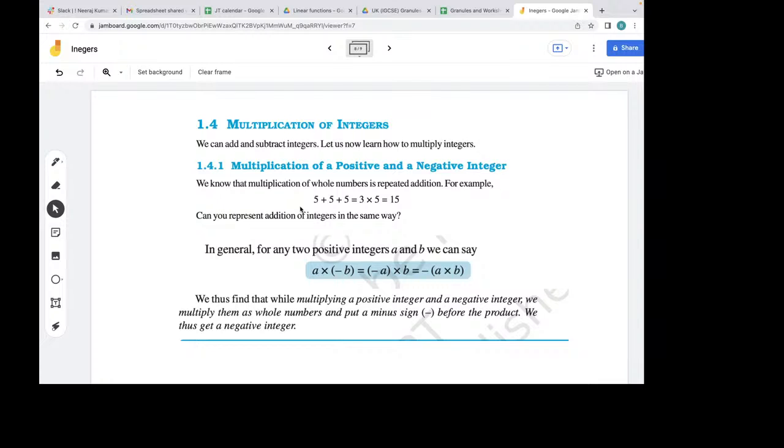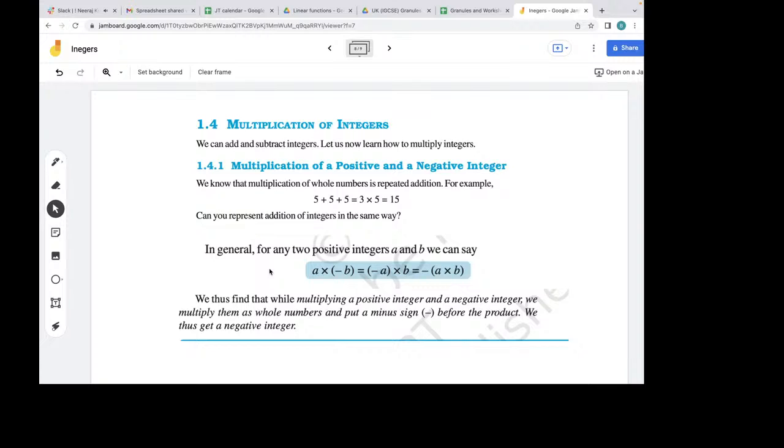You need to times 5 three times, so you have to add it 3 times. So is it the same for integers as well? We need to figure that out.